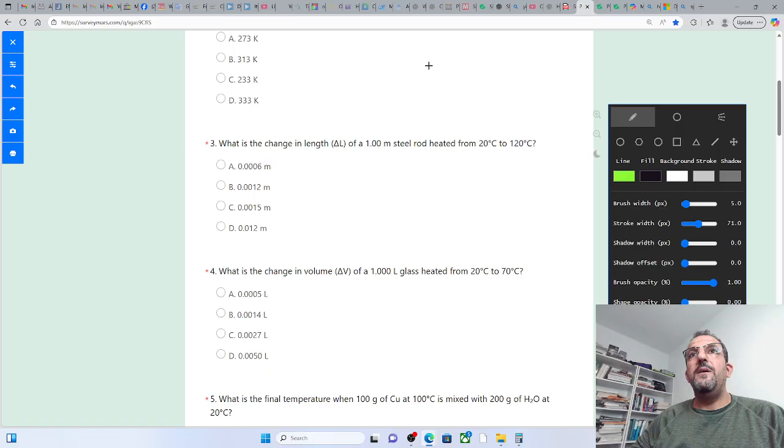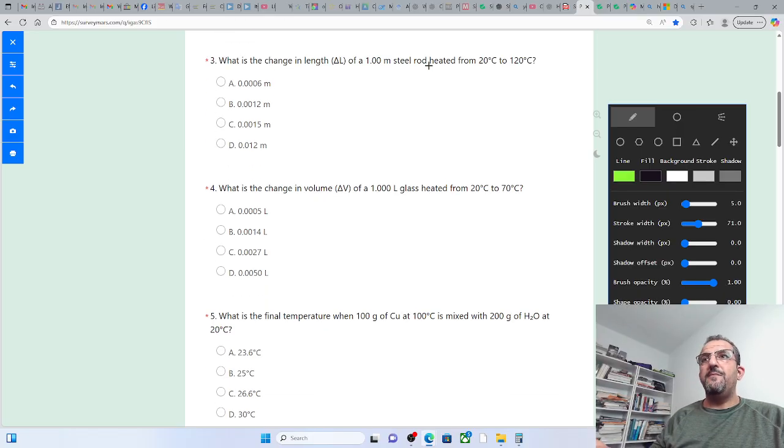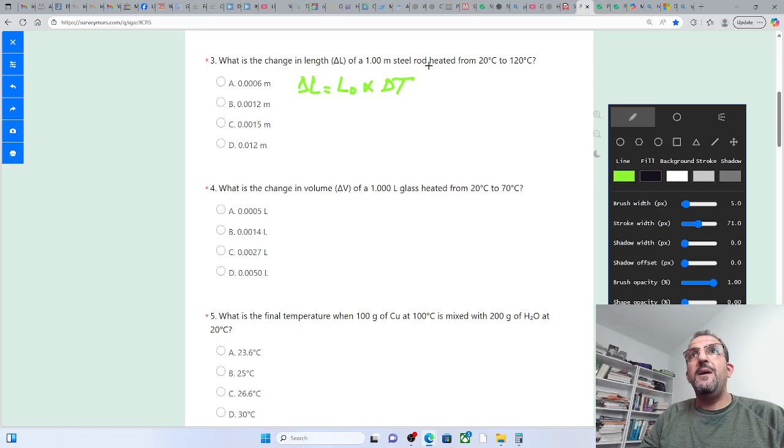Now if we come to number 3, it looks a little bit complicated, but it's not that complicated. We need to use this equation, which is change in length is equal to the original length times alpha, which is the coefficient of linear expansion, times change in temperature. So the problem here is asking about the change in length.